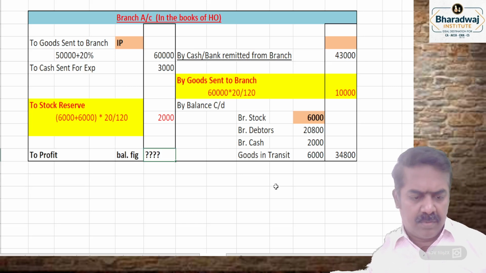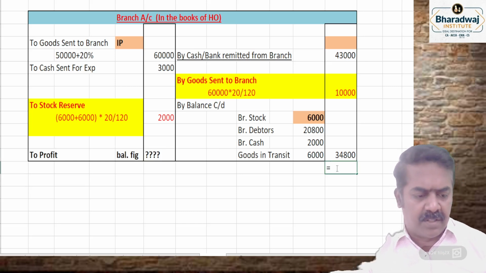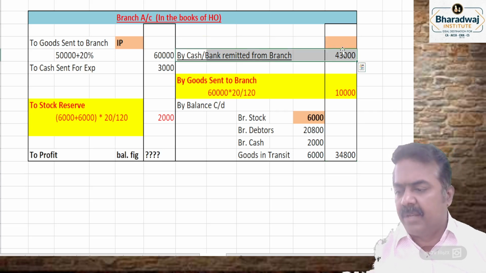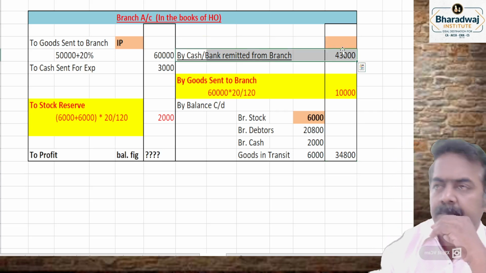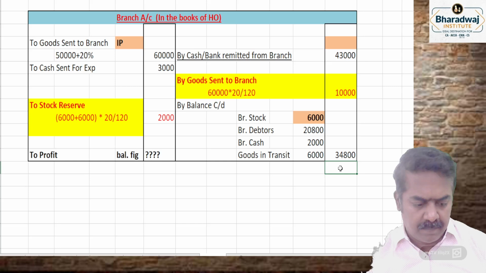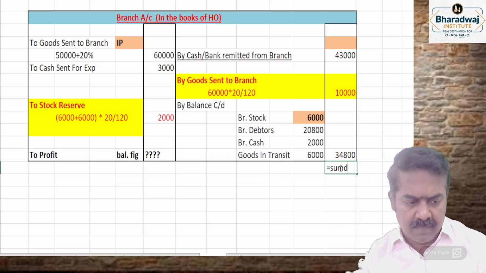So, cash collected from customers, we need not work out. Why? Because they have already given cash remitted from branch to head office. Remittances are already given. What will they remit?